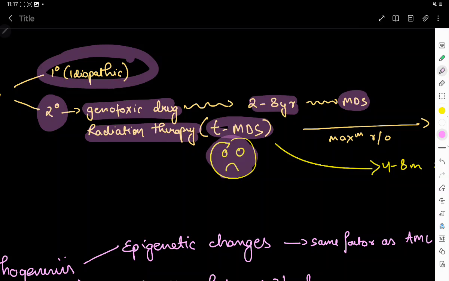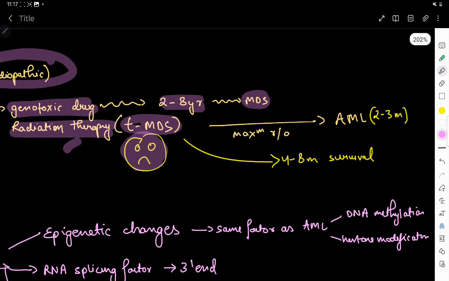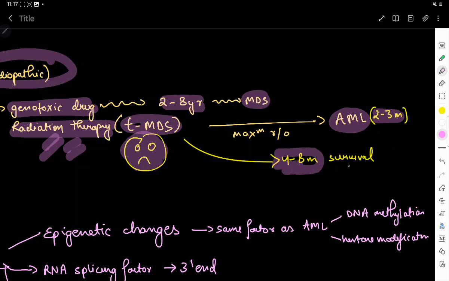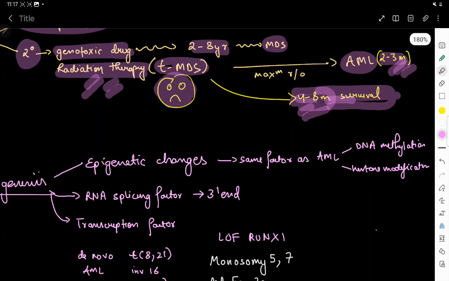The worst kind of MDS you can get is due to radiation therapy. That leads to an AML within 2 to 3 months of the therapy, and there is maximum risk of AML in radiation therapy. And 4 to 8 months after the therapy is the survival following the therapy actually. So 2 to 3 months you get the AML, and 4 to 8 months is the survival of the disease.